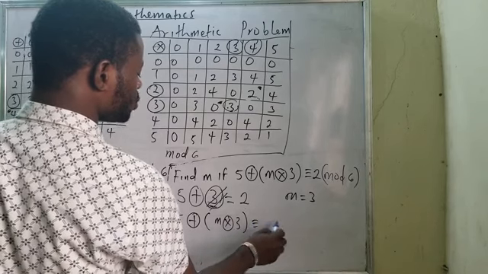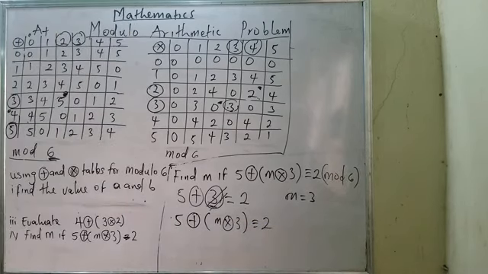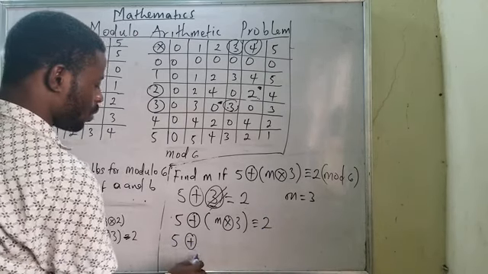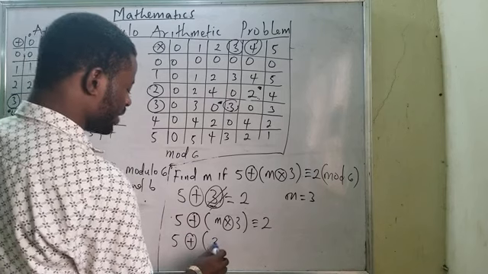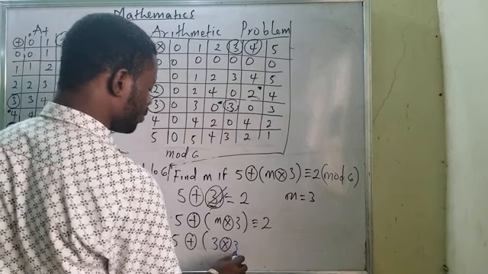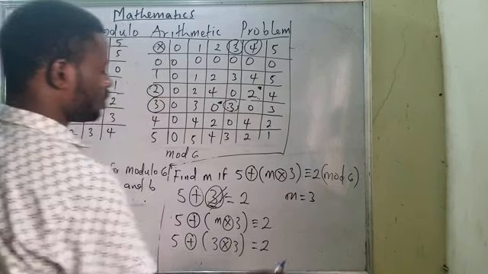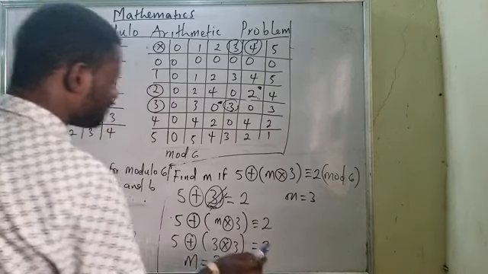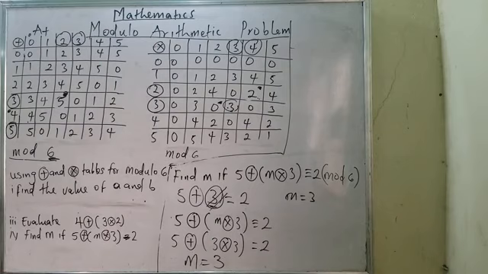It will be equivalent to 2. Now, it means 5 operation plus with the bracket of 3 operation 3 will be equal to 2. That is my answer. It means successfully my m is 3. I think this is very clear.